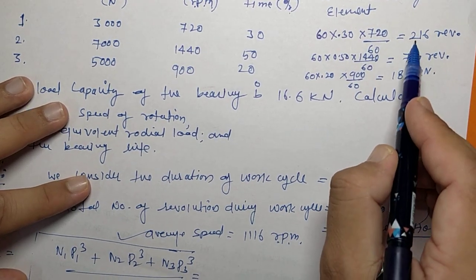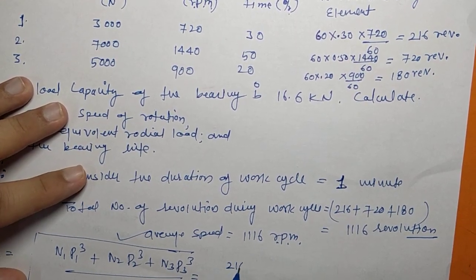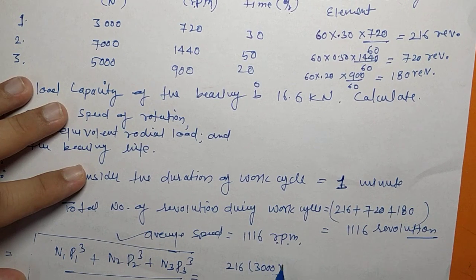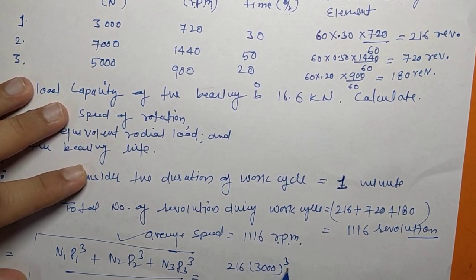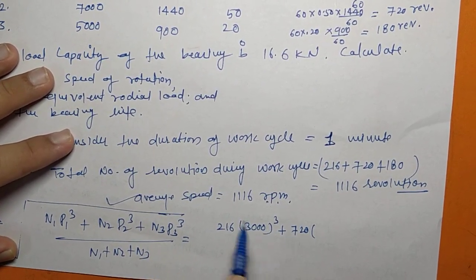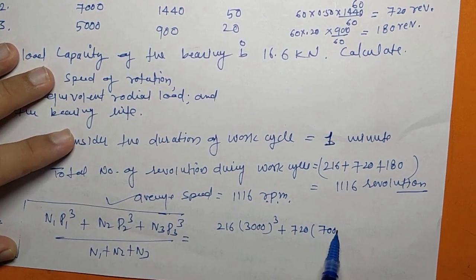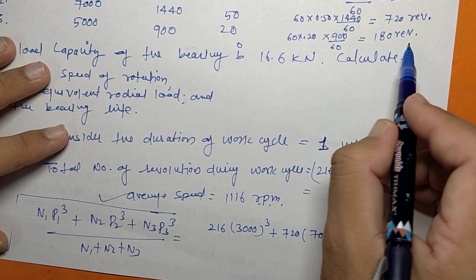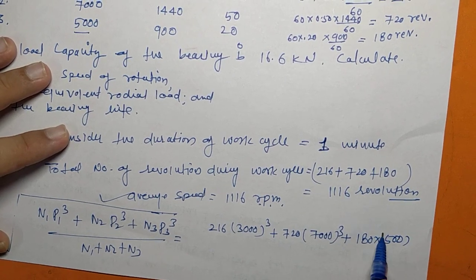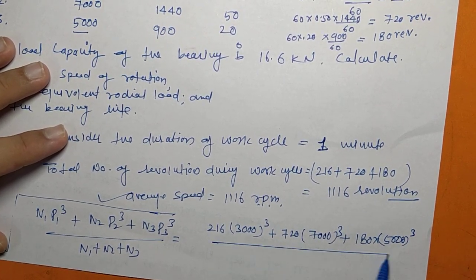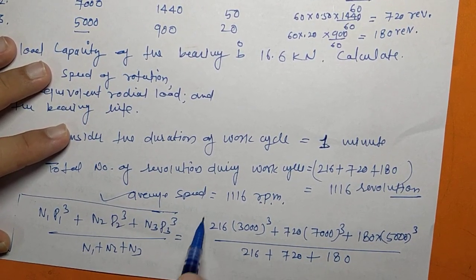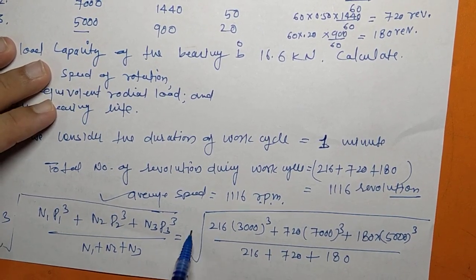So in place of N1 we put 216, with radial load 3000 Newton raised to power 3, plus N2 is 720 with radial load 7000, and third, 180 multiplied by 5000 raised to power 3, divided by 216 plus 720 plus 180, and the cubic root.